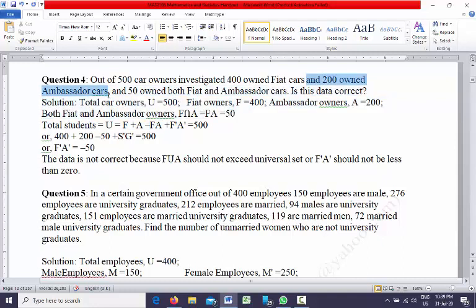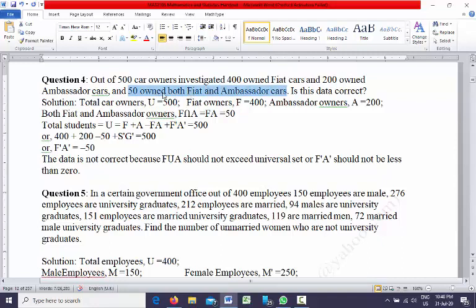200 owned Ambassador cars. So Ambassador owners, let us name it as A, which is 200. Now 50 owned both Fiat and Ambassador cars.